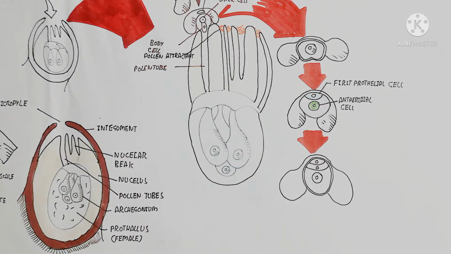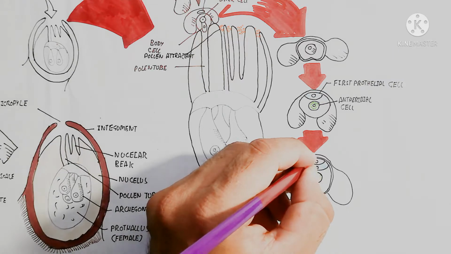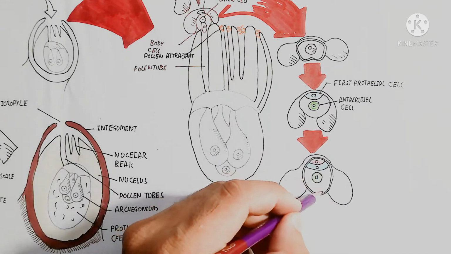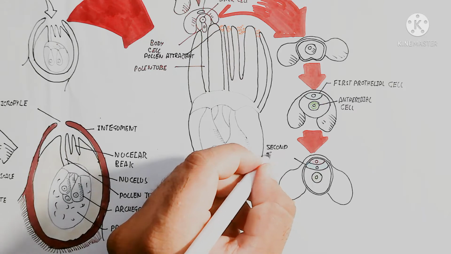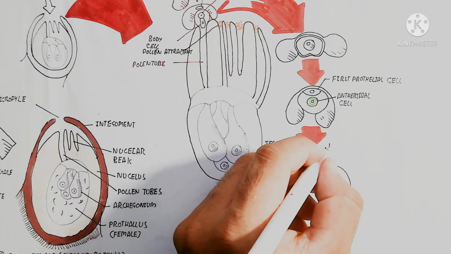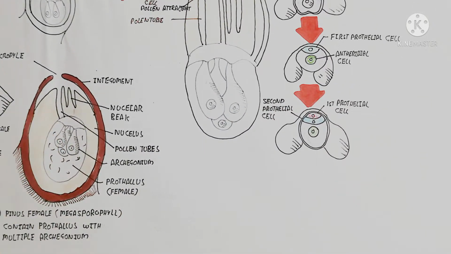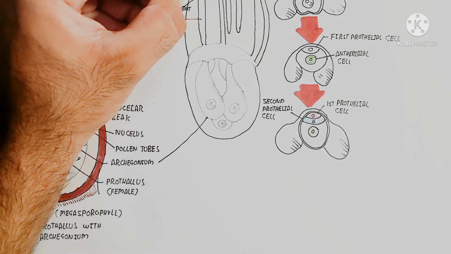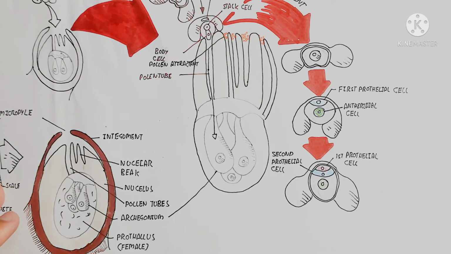The first prothallial cell and second prothallial cell will be formed after the second division, and the antheridial cell will remain the same. The next phase of development creates the tube nucleus. So this is the tube nucleus, and this tube nucleus will be formed.